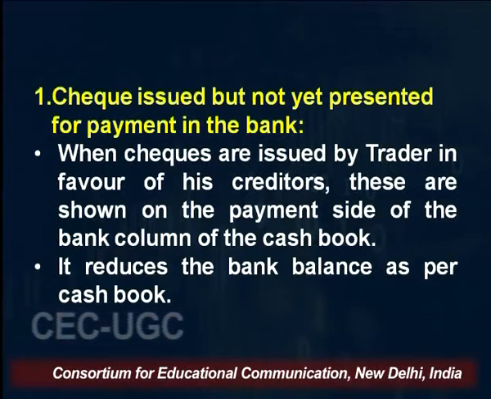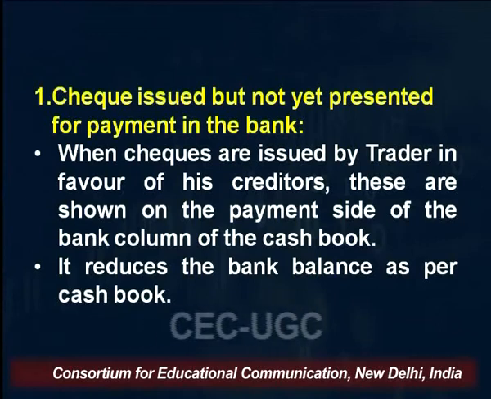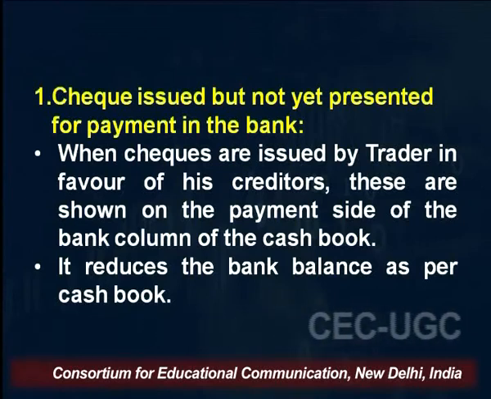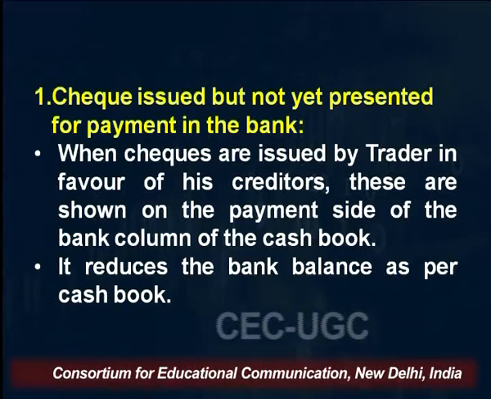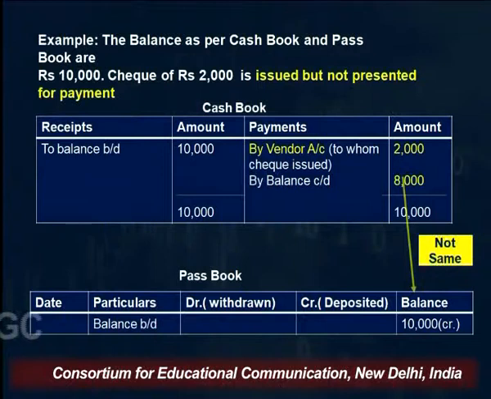If we have issued the check, we must have recorded it on the payment side in the cash book. The cash book, we all know, is prepared by us, the trader. So the moment we issue a check to our trader, it is recorded on the payment side of the cash book. But the person to whom we have issued the check has not presented it into the bank.